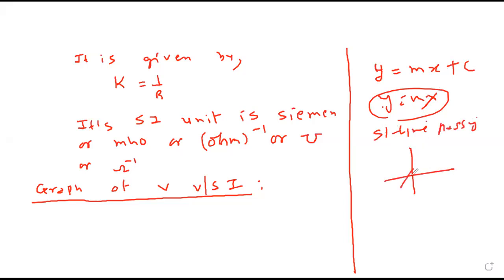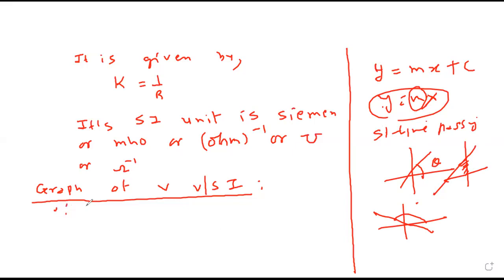It will be like this now, this line, yeah, where m means slope. If it is positive, it makes acute angle. If negative, it will make obtuse angle. And mx plus c means it will cut y intercept. So whenever you see linear equation, it is straight line, correct?